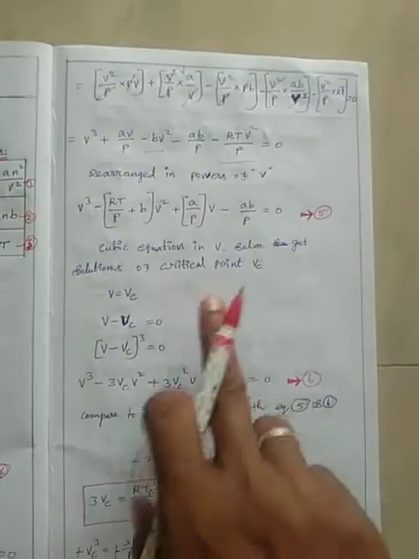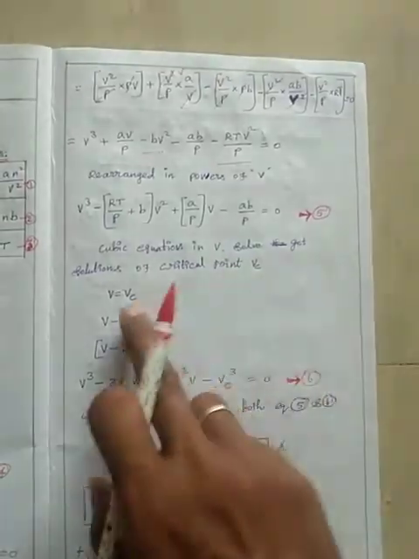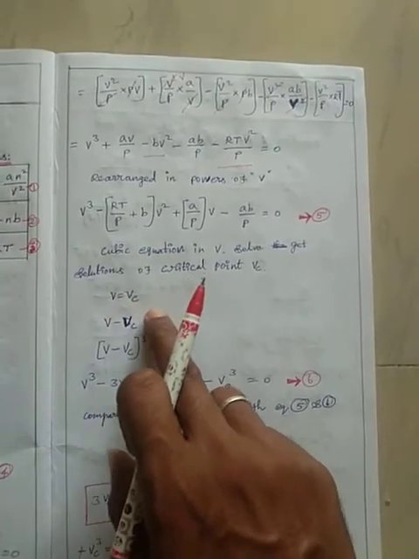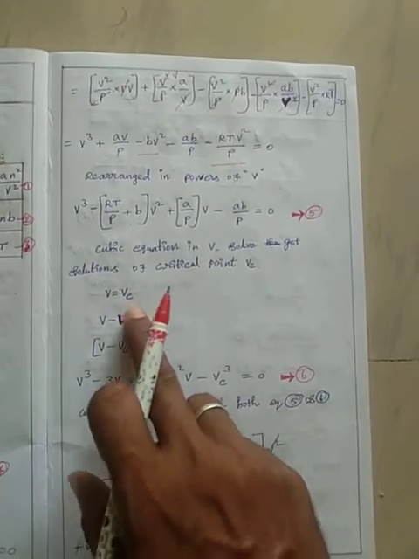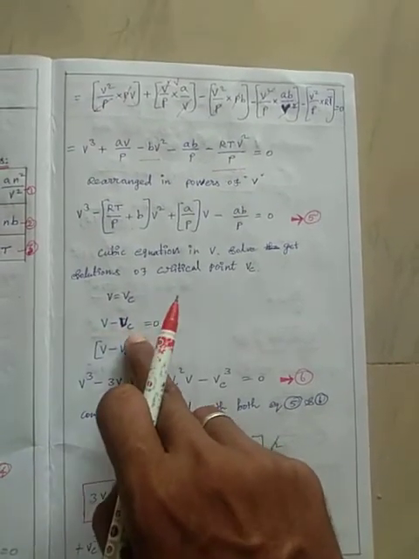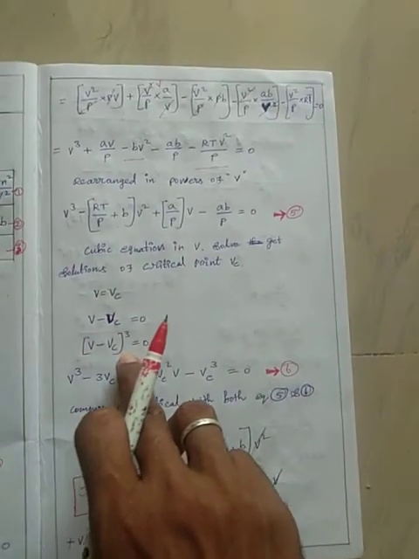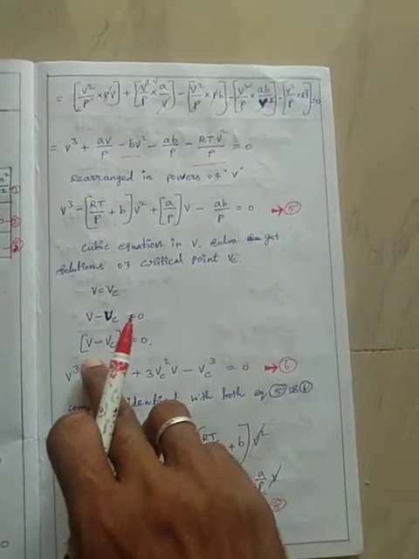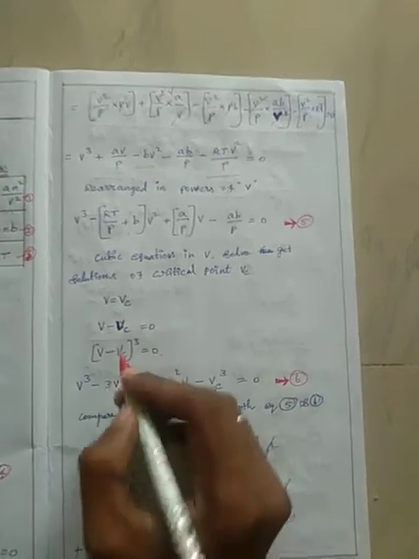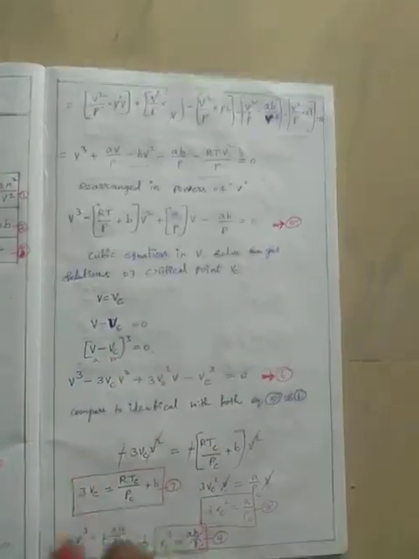At the critical point, the volume equals the critical volume, V equals Vc, so V minus Vc equals 0. Applying the cubic format, V minus Vc whole cubed equals 0. What is the (a minus b) whole cube formula? This is a, this is b.